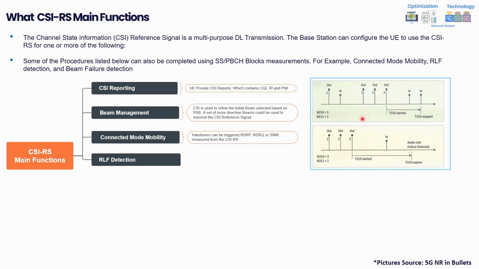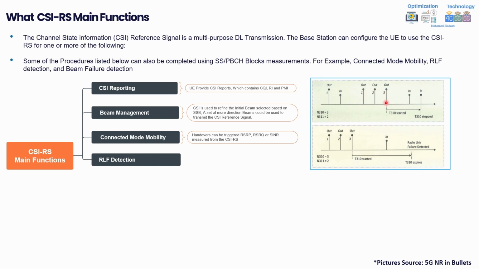The UE then uses these to detect radio link failures, by setting particular thresholds. The UE can use monitoring of the CSI-RS to detect the radio link failure and report, for example, out of sync or in sync and so on.